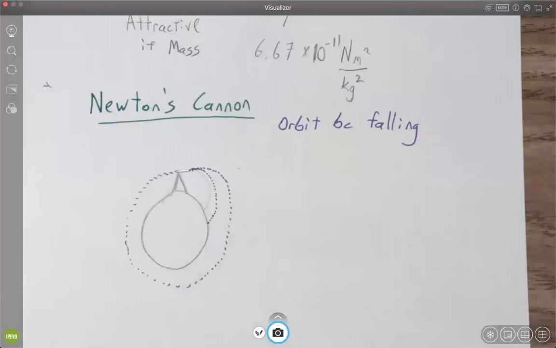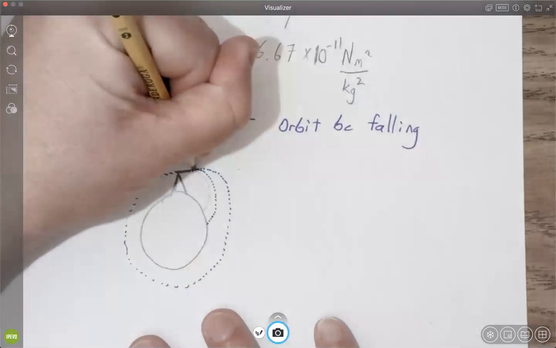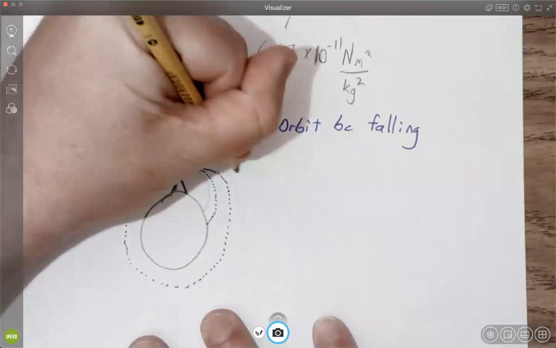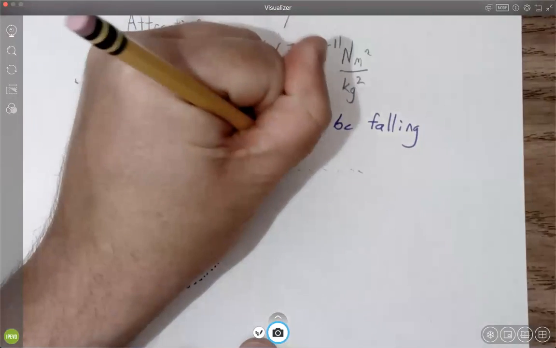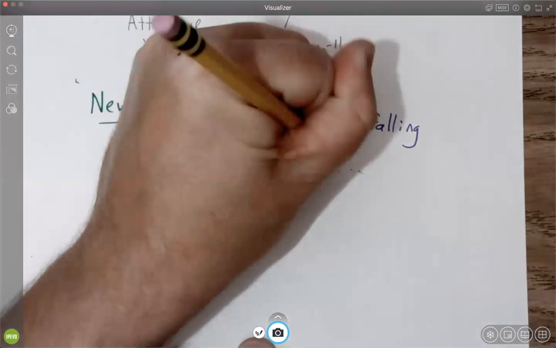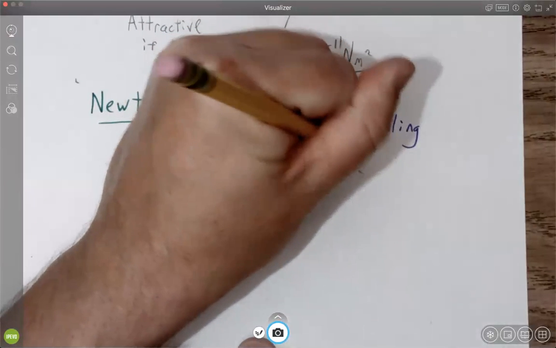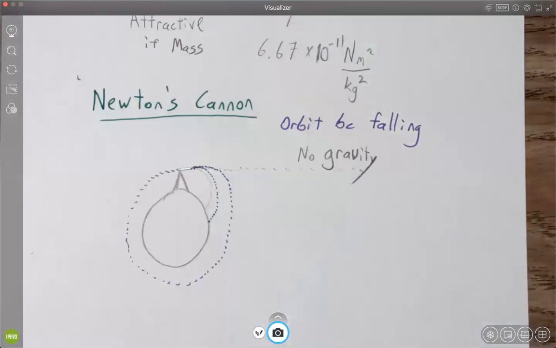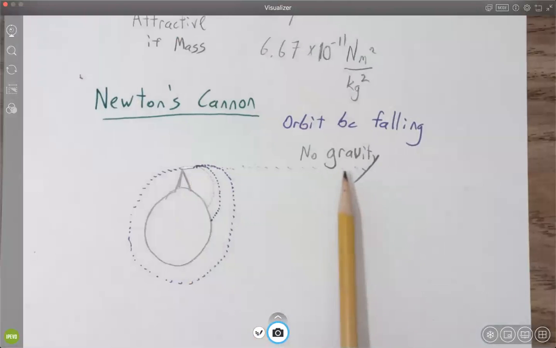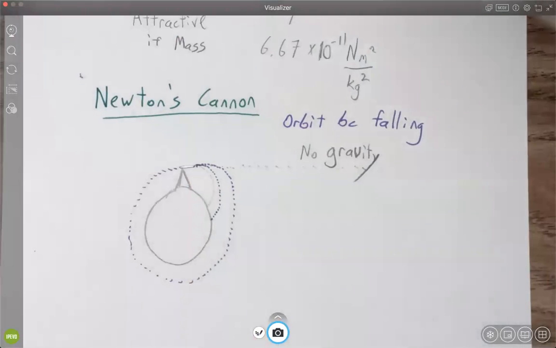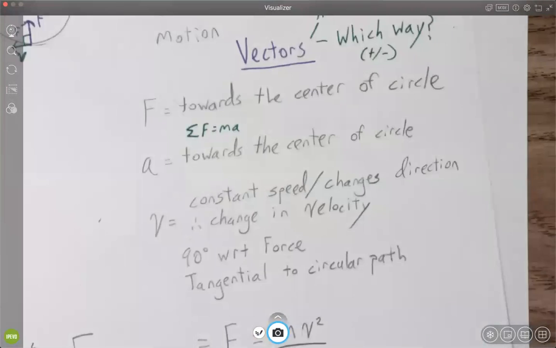Now, if we had no gravity, this object would go in a straight path. If there was no gravity, this object would be shot from this cannon and it would just go in a straight path, which is going to take me back to our cat.